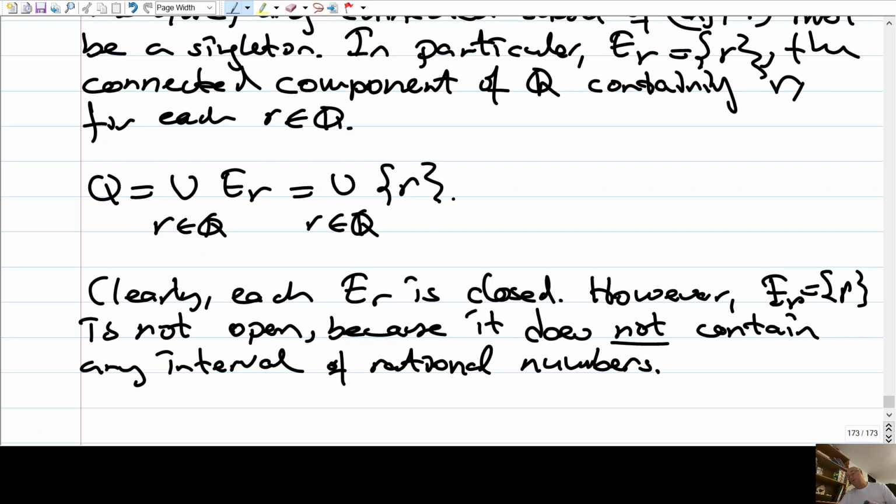So here we have an example where these connected components are not open. They are closed, we already proved this. Each connected component of a metric space must be closed, but in this example, none of them is open.